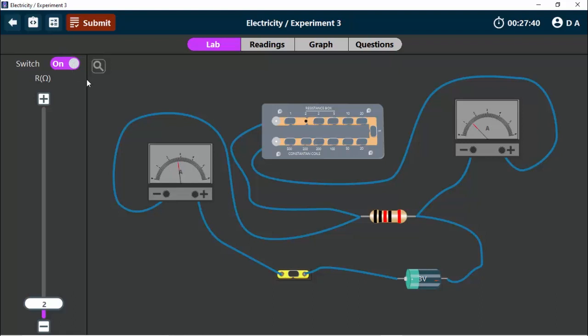Okay, so we're going to take the reading of the first ammeter. You can use your magnifier to get a clearer picture. So this is 2.7, a little more than 7. Let's say 2.73.